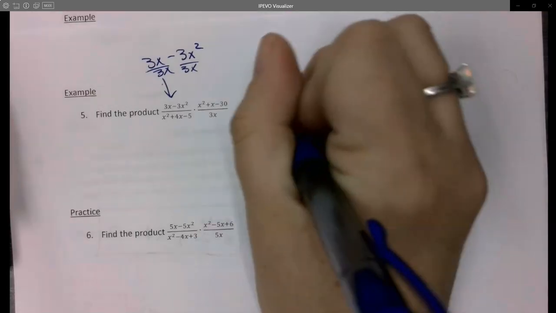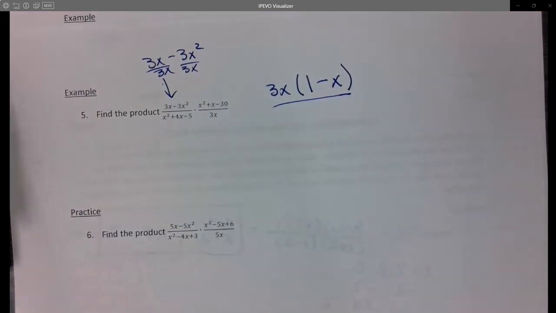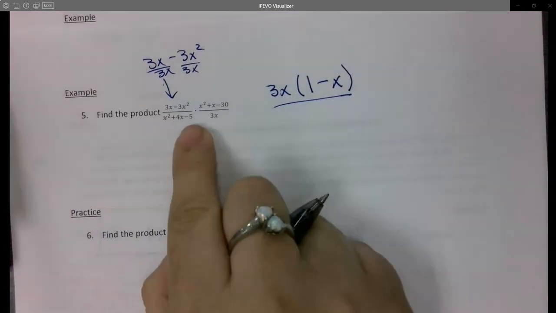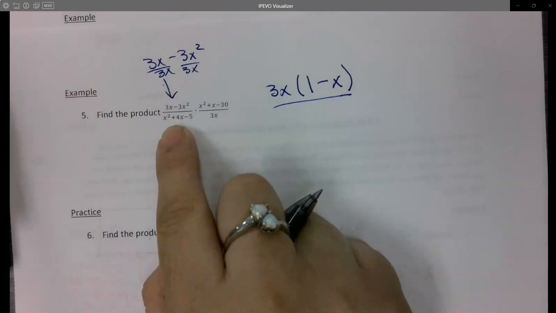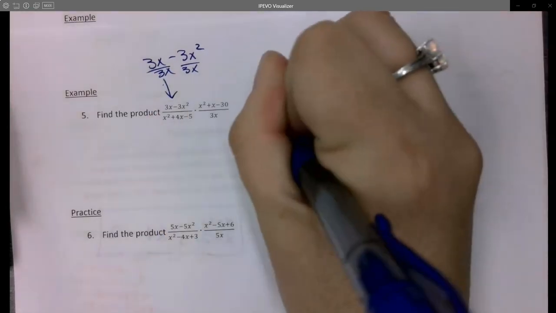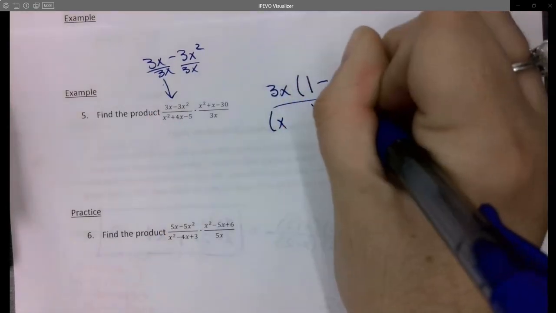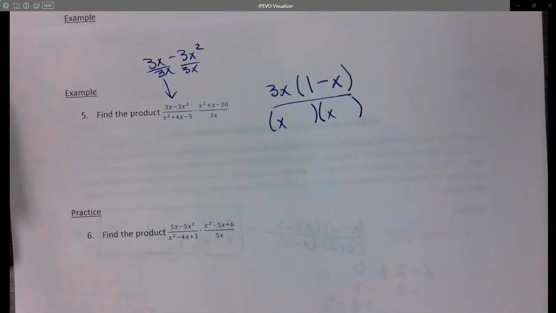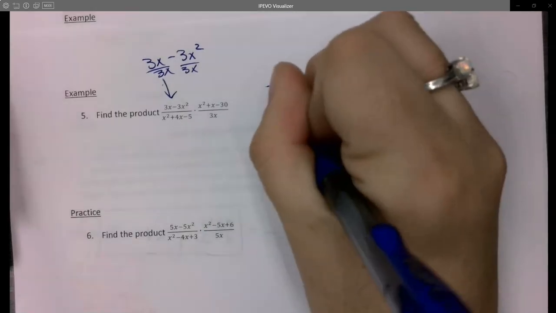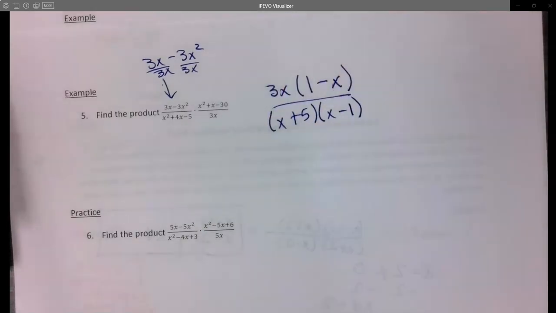Okay? And then on the denominator, what multiplies to negative 5 and adds to positive 4? Two numbers that multiply to negative 5 that also add to 4. Yep, positive 5 and negative 1.